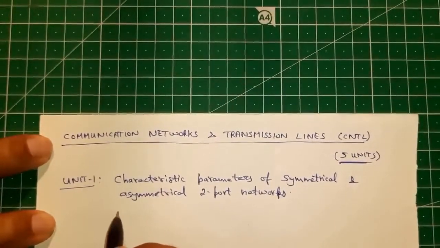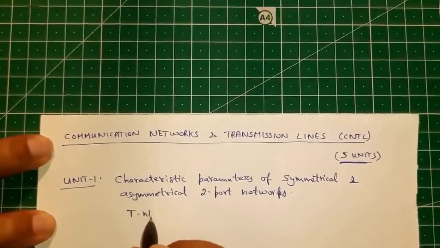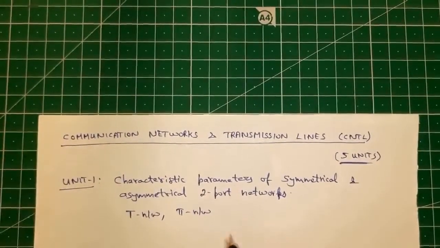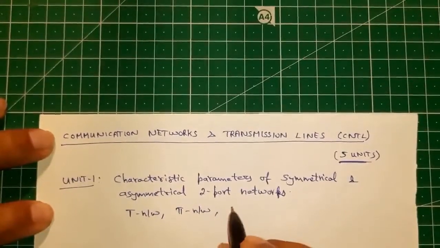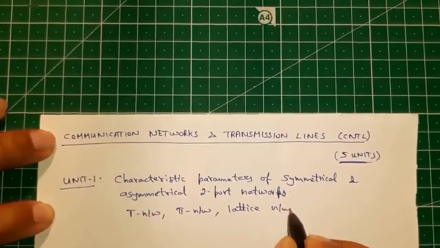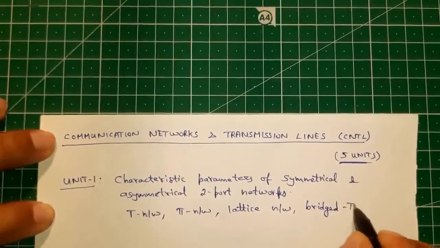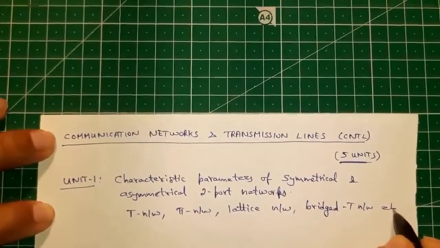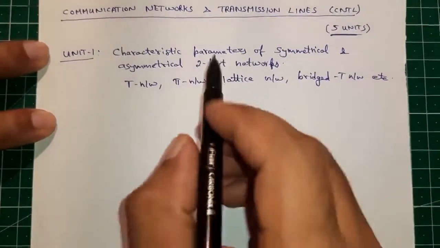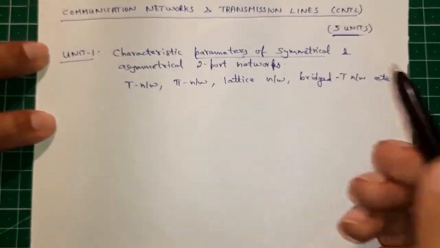Networks such as lambda parameter equivalent networks such as T network, pi network, and some special networks such as lattice network, bridged T network, etc. So after that we'll be seeing some of the parameters for symmetrical networks.